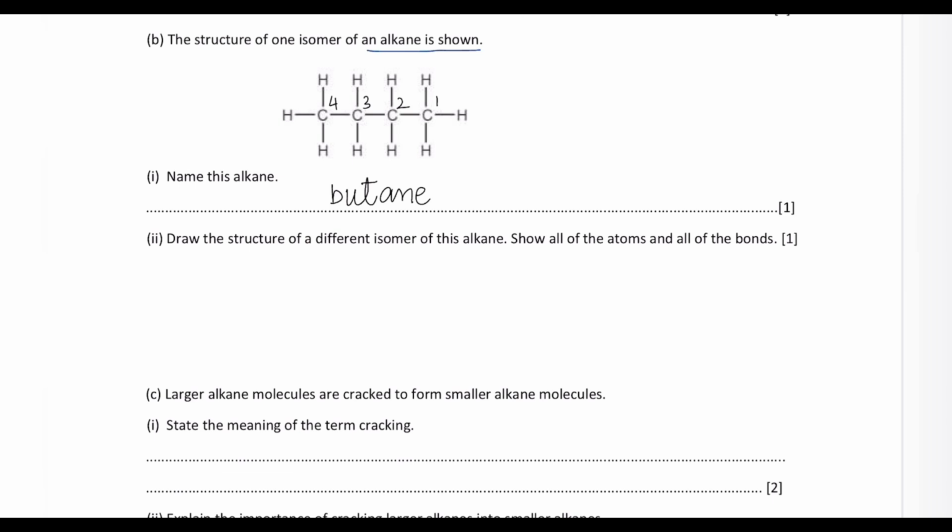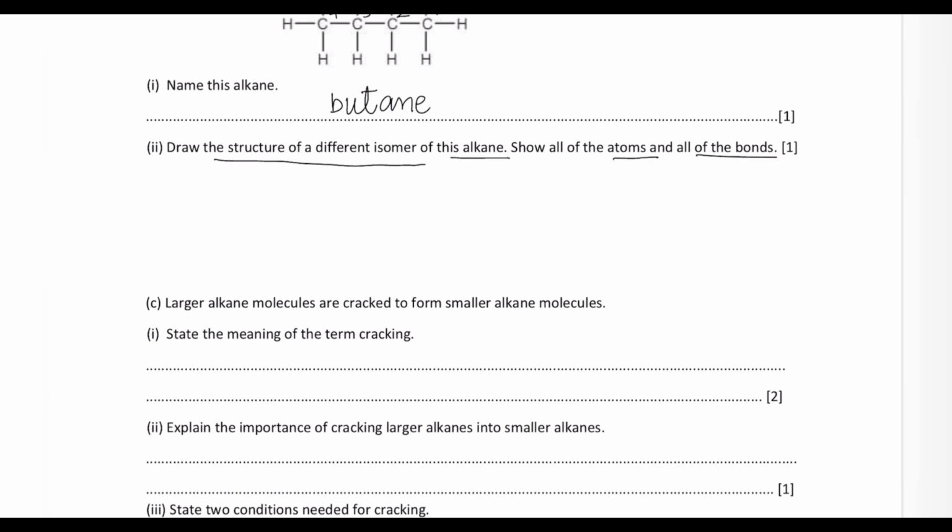Next is, draw the structure of a different isomer of this alkane. Show all of the atoms and all of the bonds. This means we have to draw the displayed formula of this isomer. The first isomer shown is the straight chain isomer. Now we will draw a branched chain isomer. We will take 3 carbon atoms in the main chain and 1 carbon atom will be taken as a branch.